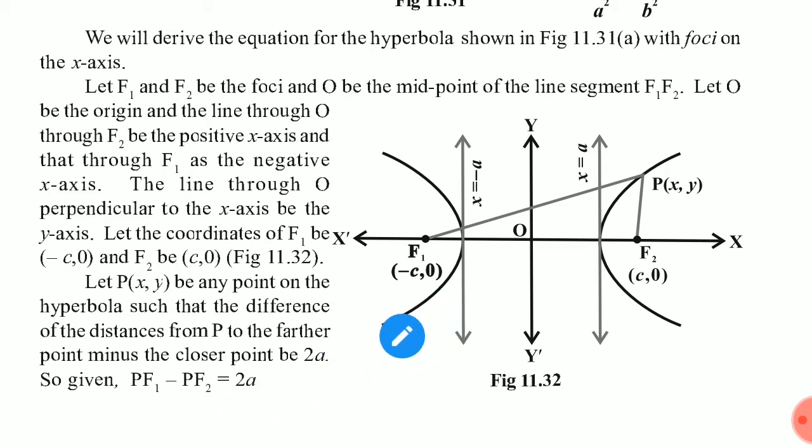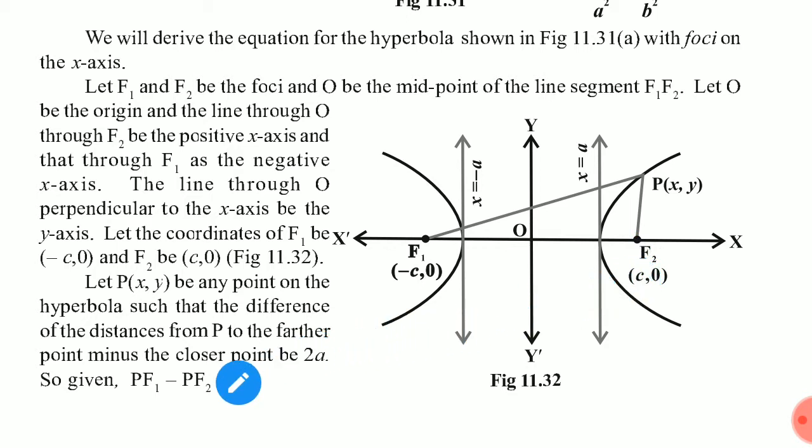Suppose we take a horizontal hyperbola and any point P on it with coordinates (x, y). The difference of the two distances is always 2a.